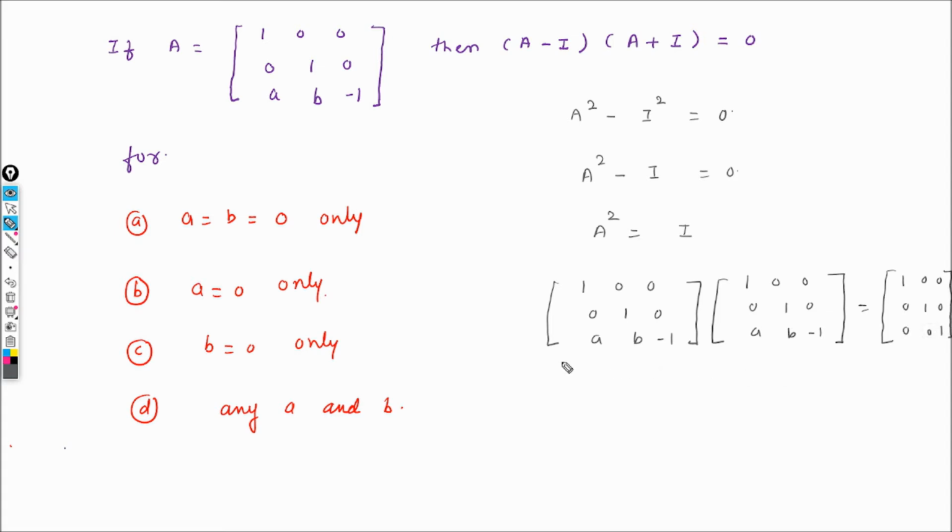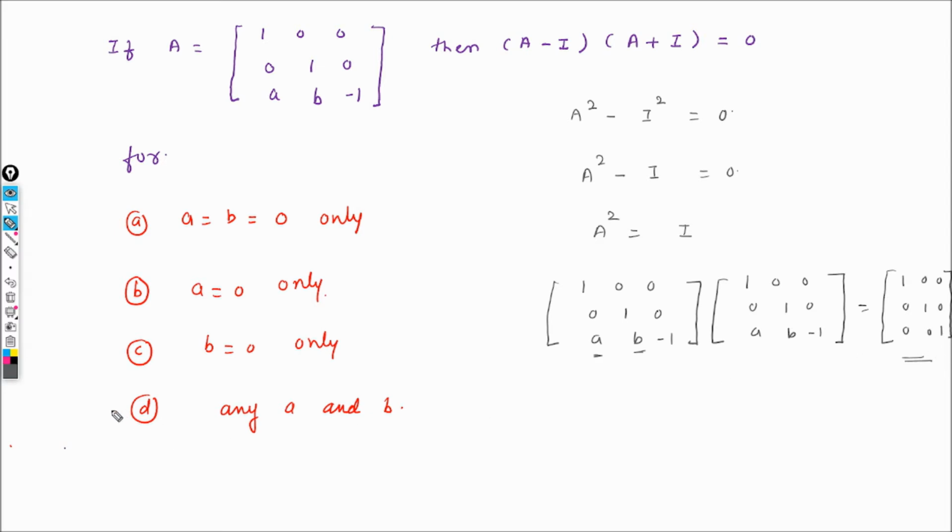Now see here, if we multiply these two matrices, we can get this identity matrix. So here if you take a is equal to 0, b is equal to 0, or if we take any value for a and b, the product of these two matrices will be the identity matrix.